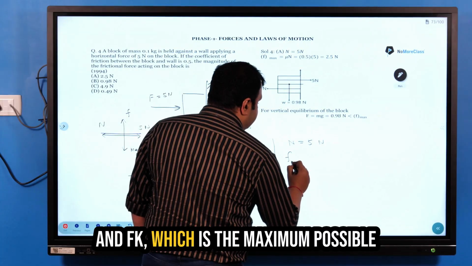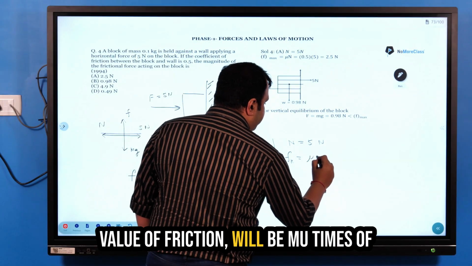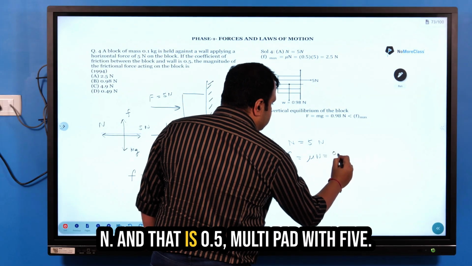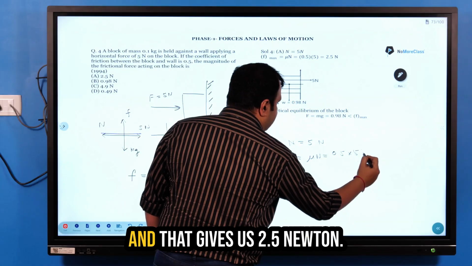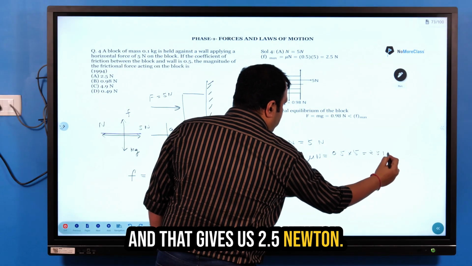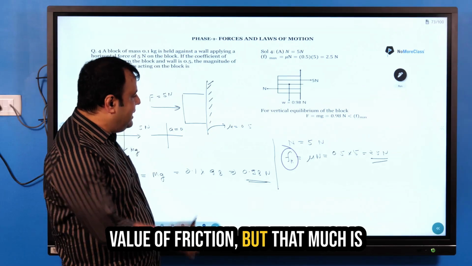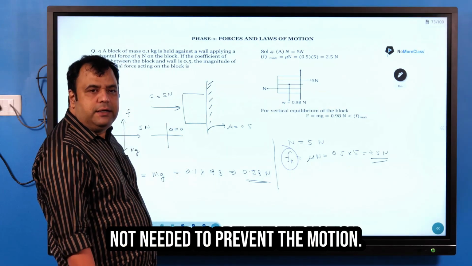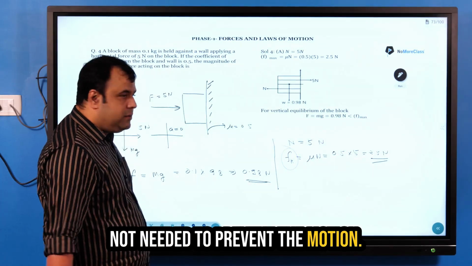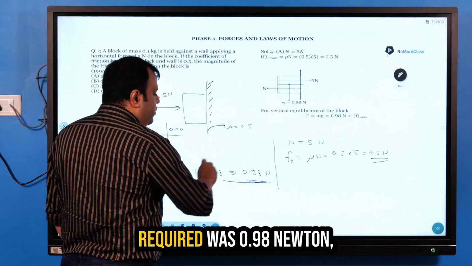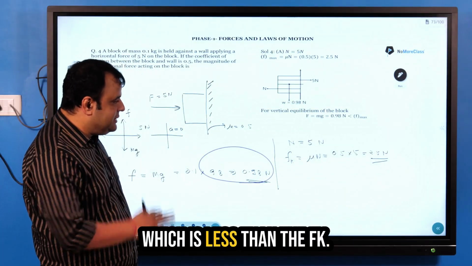And Fk, which is the maximum possible value of friction, will be mu times N, and that is 0.5 multiplied with 5, which gives us 2.5 newton. So this is the maximum possible value of friction, but that much is not needed. To prevent the motion, the friction value which was required was 0.98 newton, which is less than the Fk.